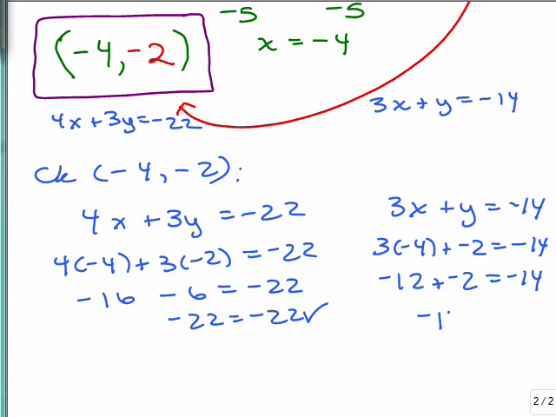Now really do the arithmetic and make sure you really do get the same number on each side, because if you don't, that tells you to go back, start the problem over. It's easier to start the problem over than try to find your mistake. So the answer to this problem really is the ordered pair -4, -2. Remember to write it as an ordered pair: parentheses, the x coordinate, comma, y coordinate, and the close parentheses.